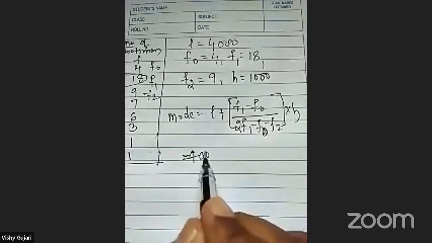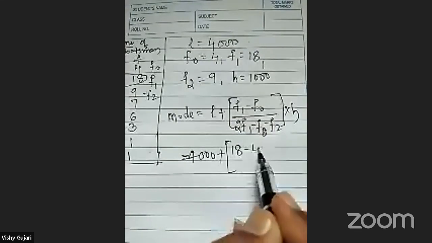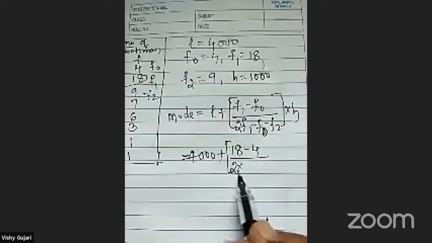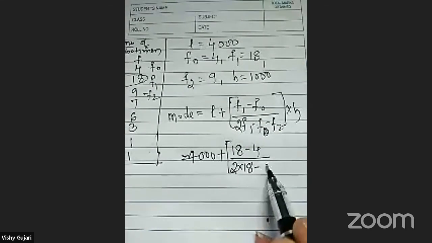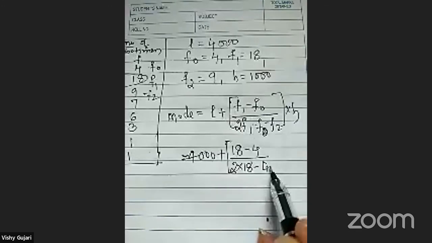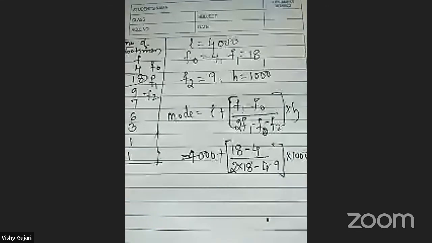4,000 plus 18 minus 4 divided by 2 into 18 minus 4 minus 9, into 1000.